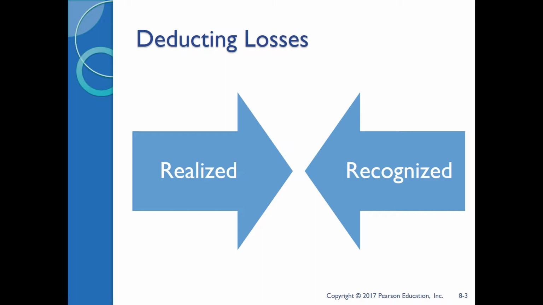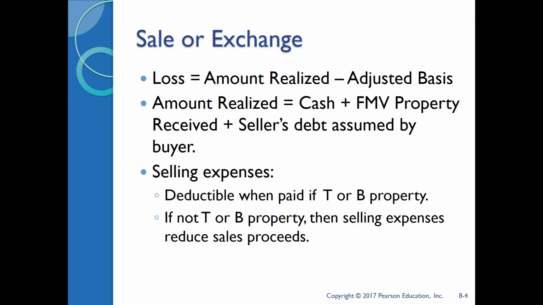In order to deduct losses, we have to understand the difference between realized and recognized. A loss equals the amount realized minus the adjusted basis. The amount realized is the cash plus fair market value of property received plus the seller's debt assumed by the buyer.